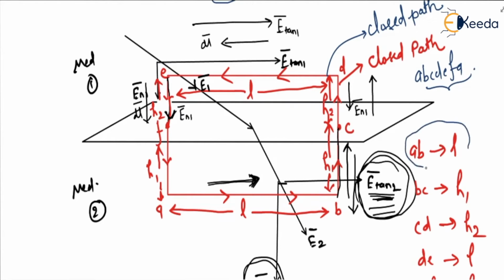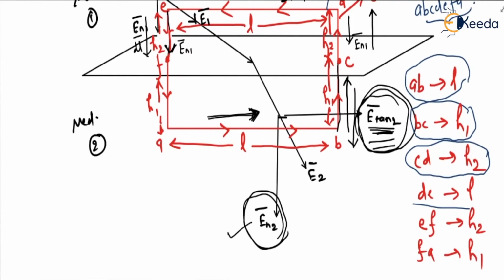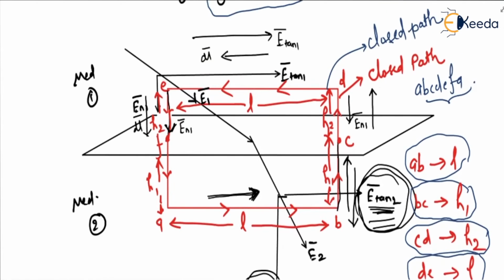The length of AB is L, the length of BC is H1, the length of CD is H2, the length of DE is again L, the length of EF is again H2, and the length of FA is H1. Now the above is medium 1 and the below of the plane is medium 2.